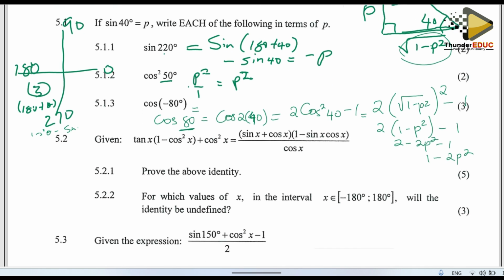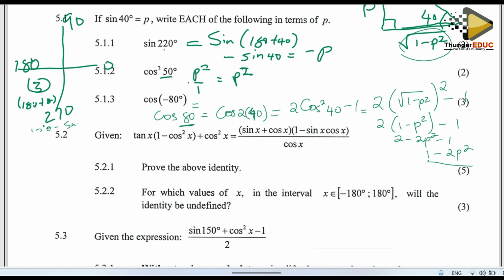Alternatively, instead of breaking this up, we can use the identity that it is 1 minus 2 sine squared of 40, so that it can just give us 1 minus 2p squared straight away instead of going through all of this.